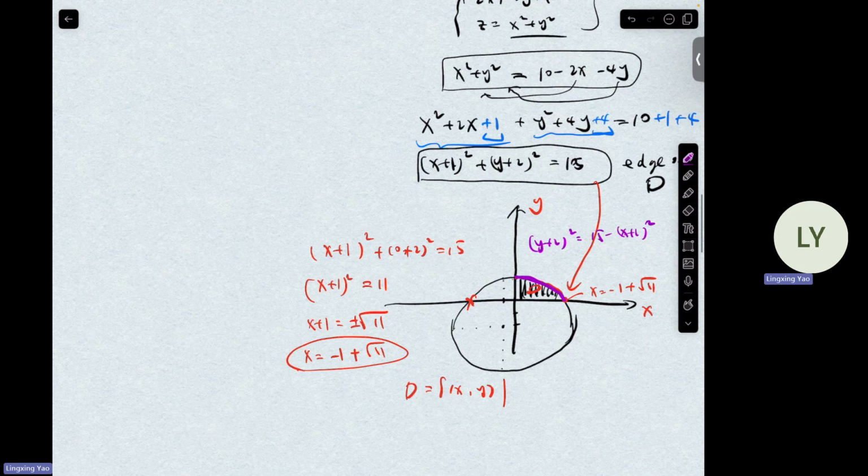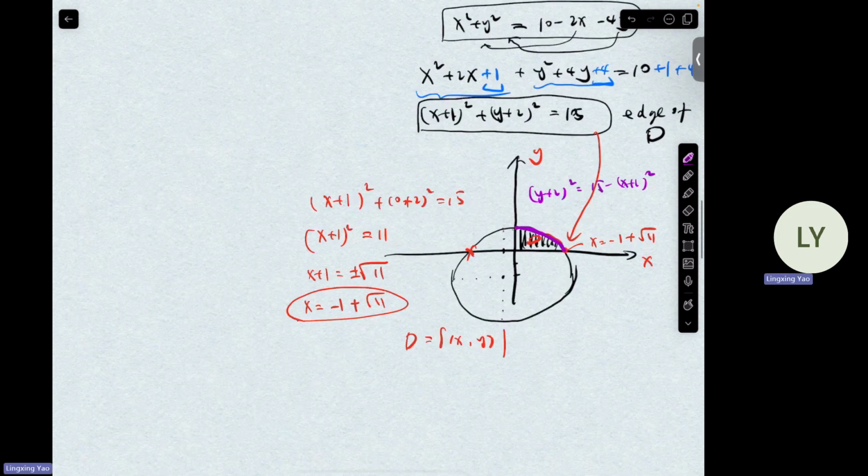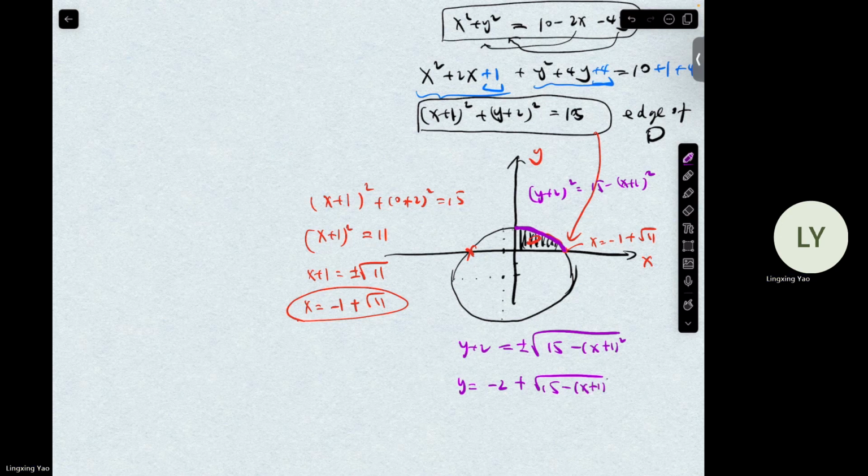So we also see y plus 2 equals plus or minus the square root of 15 minus x plus 1 squared, which gives y equals -2 plus that. Well, we can only choose the plus because this is above the horizontal axis. So this is the y.